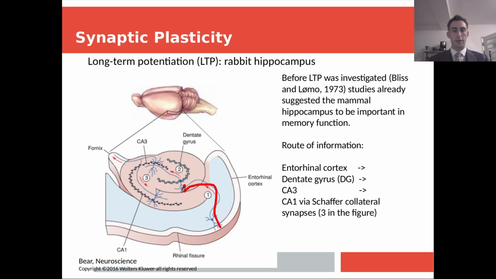So you have input, and these cells in the dentate gyrus go to CA3, and then CA3 cells connect to CA1 via Schaffer collateral connections.